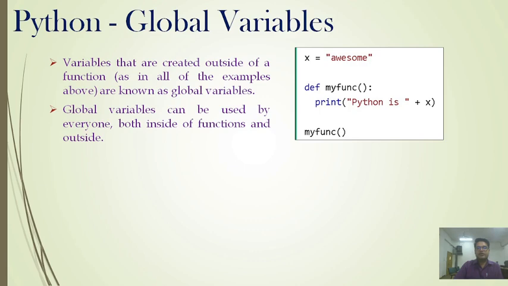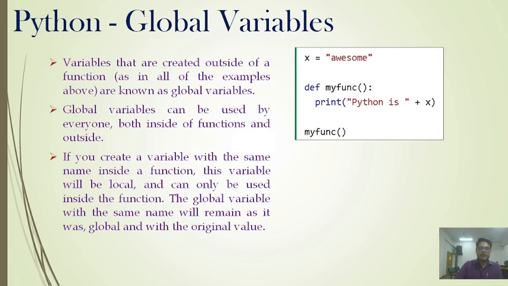Just like this. For example, we have created a variable called x and we have given a value awesome here, and then we have declared a function, my function, and inside my function I have called x in the print section. Then at last I will call the function, so it will print Python is awesome.